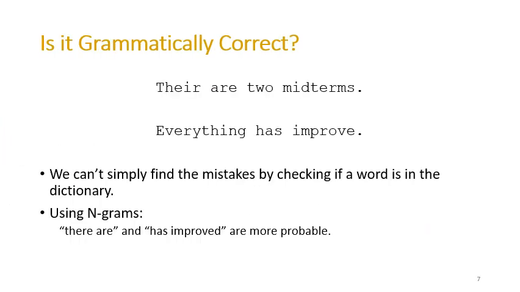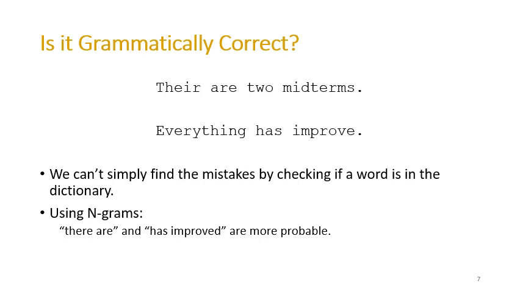N-gram language models may also be useful if we want to check if a sentence is grammatically correct. For example, there are 2 sentences here, and their mistakes cannot be identified by simply checking if a word is in the dictionary, because all words here are English words, so you cannot simply check whether this word is in the English vocabulary or not, because the mistake is in the grammatical aspect, not in the spelling aspect.